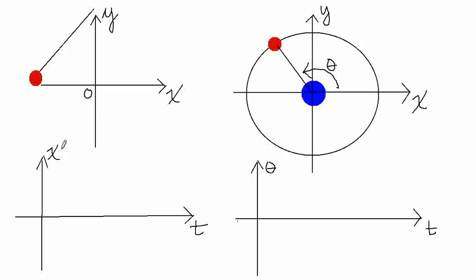Now, on the right, I have a picture of a moon moving in a circle around a planet, and I've defined an XY coordinate system with the origin at the center of the planet, and I've also defined an angle theta that corresponds to the position along the circle of motion.